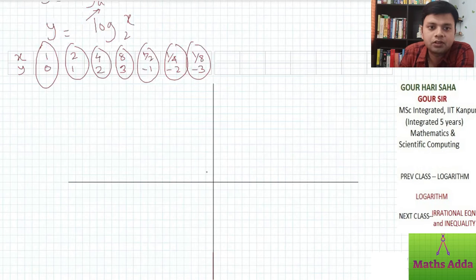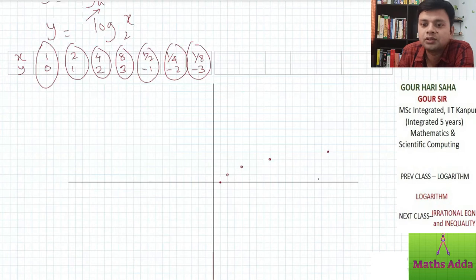So at x equal to 1, y is 0. X equal to 2, y is 1. X equal to 4, y is 2. And x equal to 8, it is 3. If I go further, if I take x equal to 16, it is 4, I mean the growth is very slow.